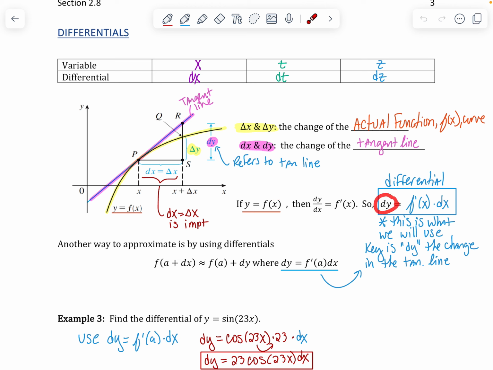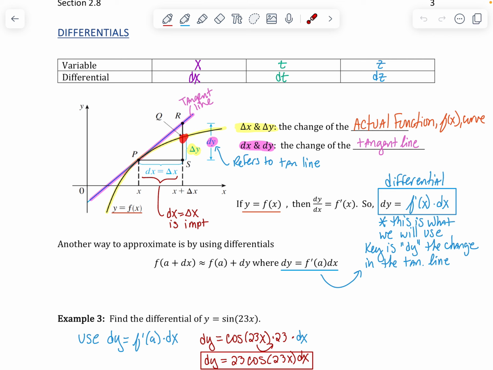But regardless, when it comes to a differential, we're saying dy, this change along the tangent line, is exactly the slope of this tangent line, determined at point P. And if you multiply it by the change in the input, it's going to give you this difference right here, the length of that line. So that's what we're going to use for differentials.